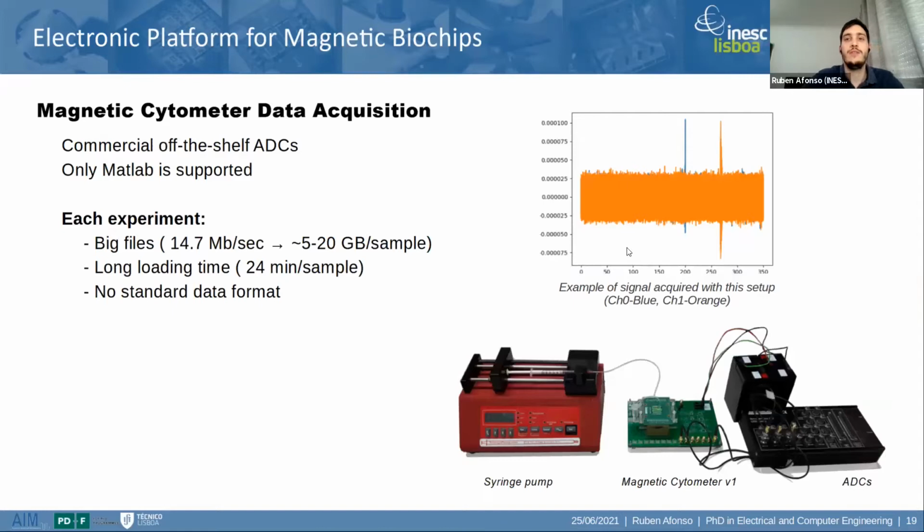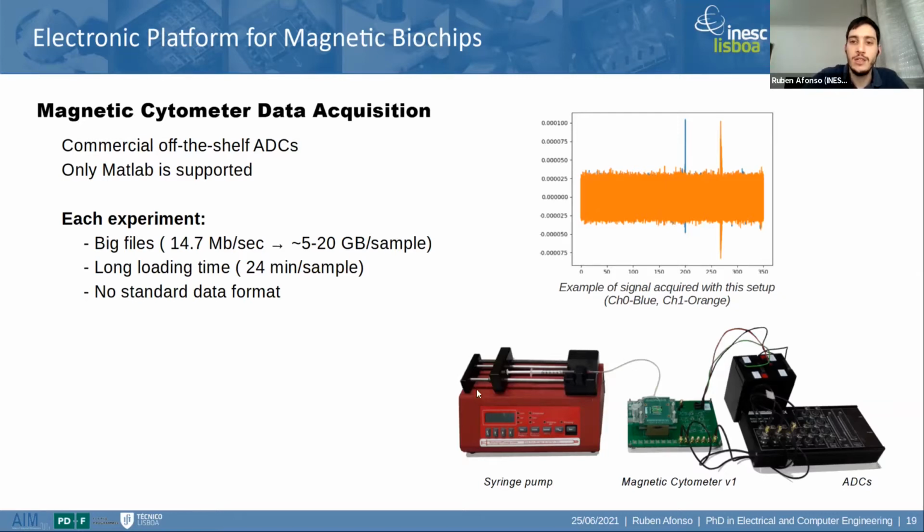The typical setup that we use on the magnetic flow cytometry is this. We have a syringe pump to set the flow rate, our platform in the middle, and at the end we have commercial off-the-shelf ADC converters to acquire the analog signals and pass them to a computer.